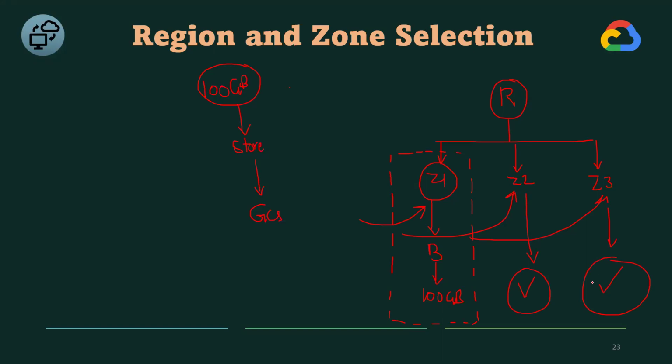So that is the reason the second point says to try to deploy your application across multiple regions and zones to avoid unexpected failures.